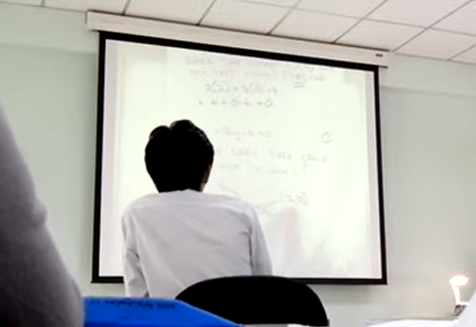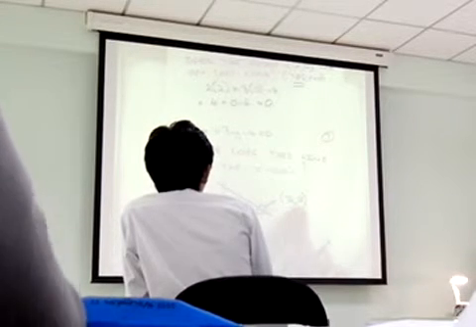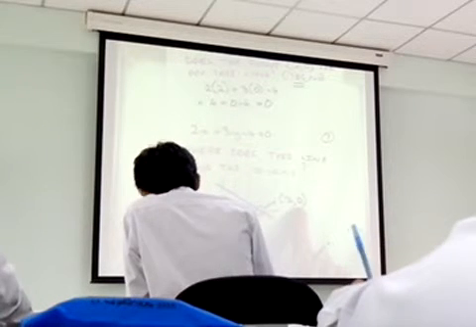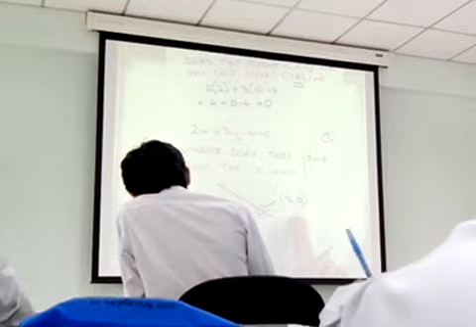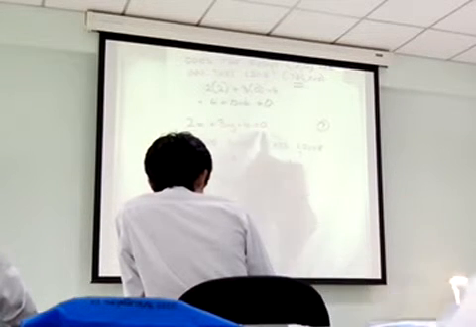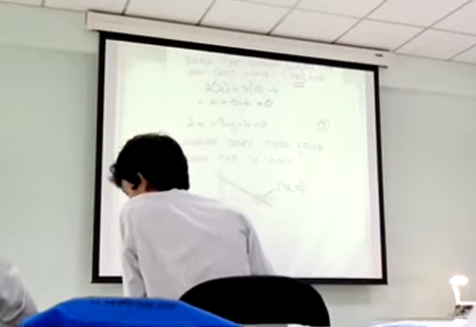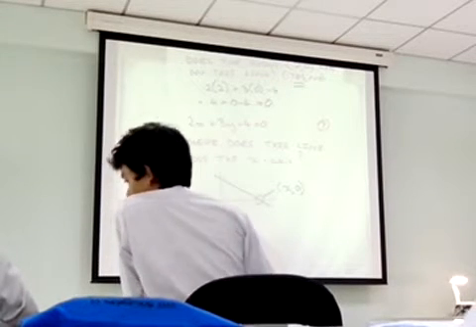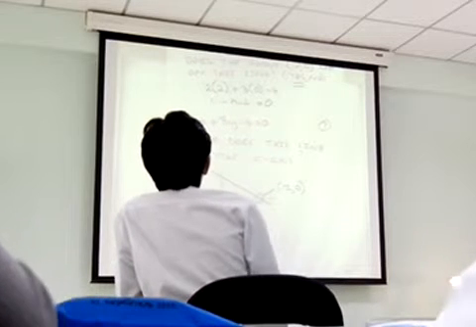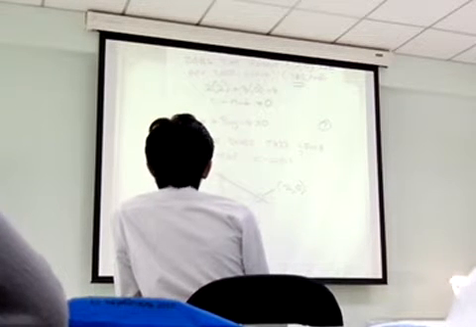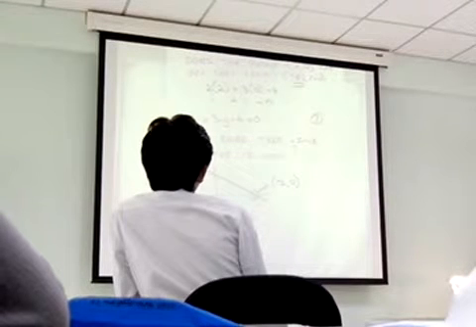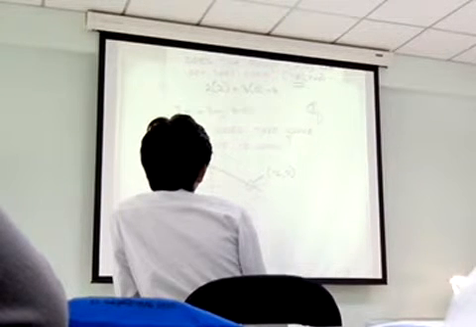So we don't know x, but we know that y is 0 when it crosses the x-axis. So if that's our equation, let's see what happens. So 2x plus 3 times 0, the value of y, minus 4.